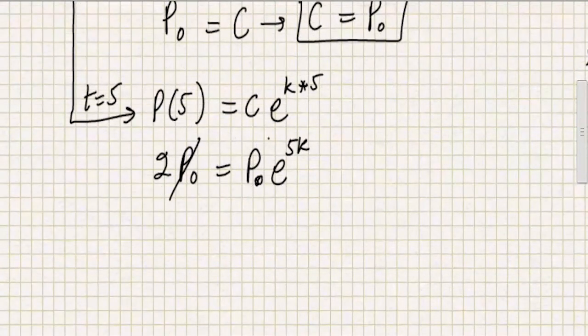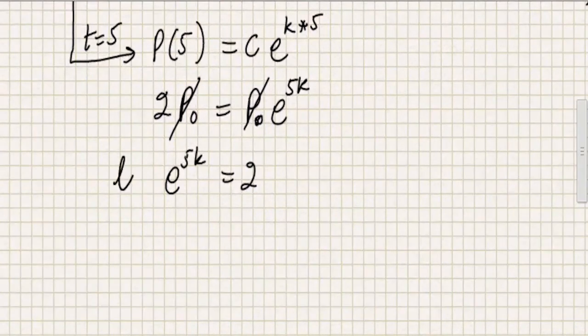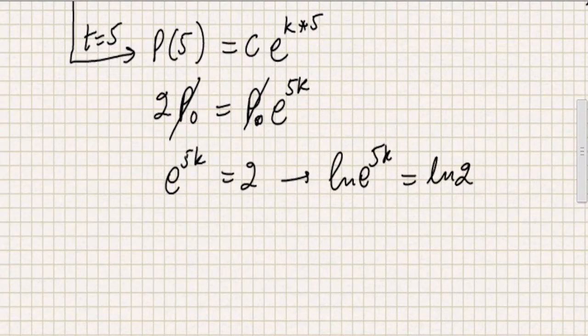P0 obviously cancels out and we're left with e to the power 5k equal to 2, and now we have to find the value of k from this. So I'm going to take natural log on both sides: natural log of e to the power 5k equal to natural log of 2. The left hand side becomes 5k into natural log of e, because anything in the power can be brought outside of the log.